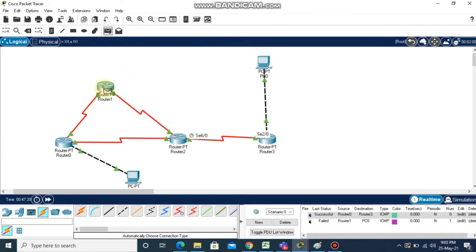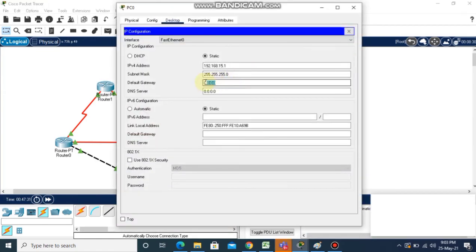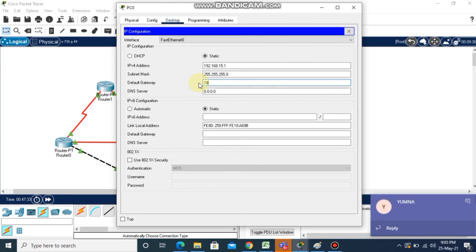It failed because there is no gateway. I'll mention it.